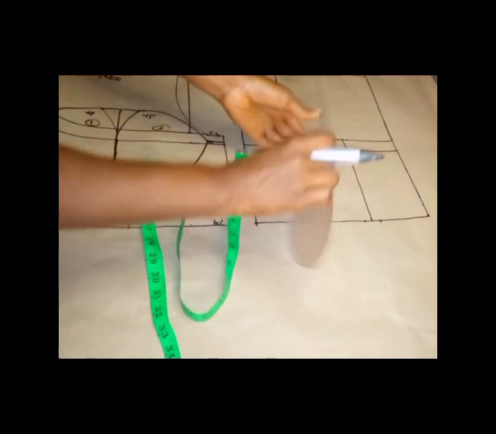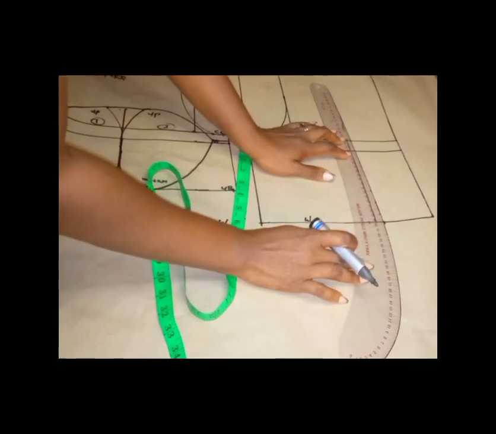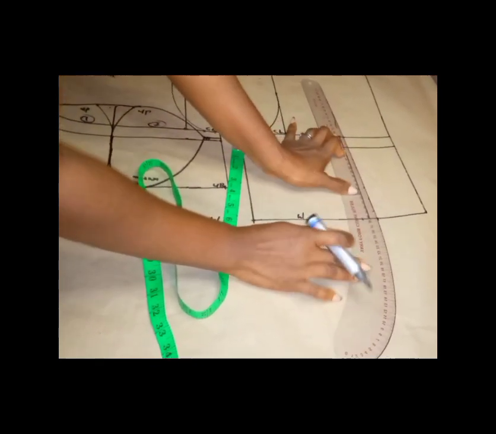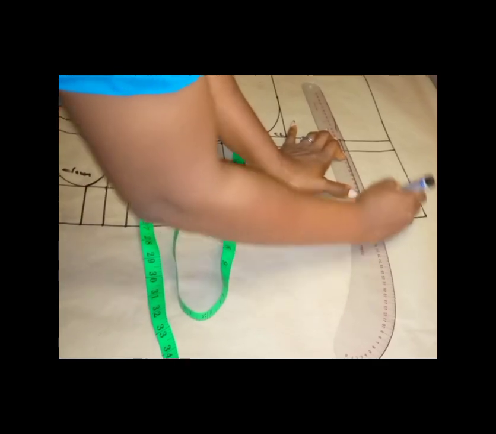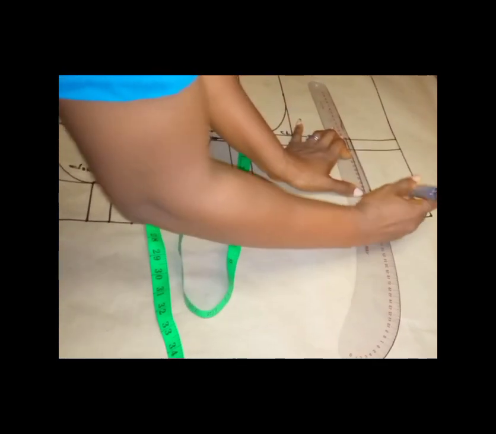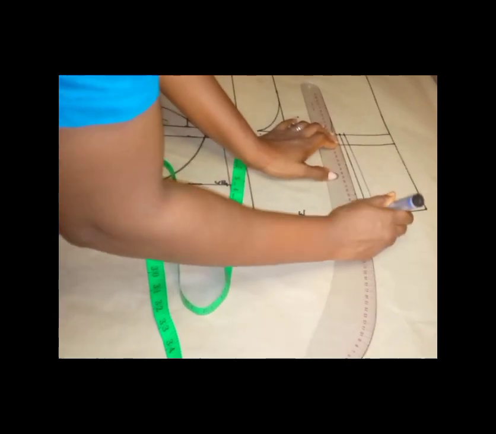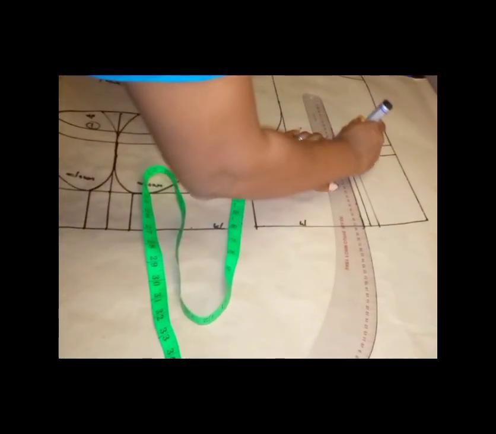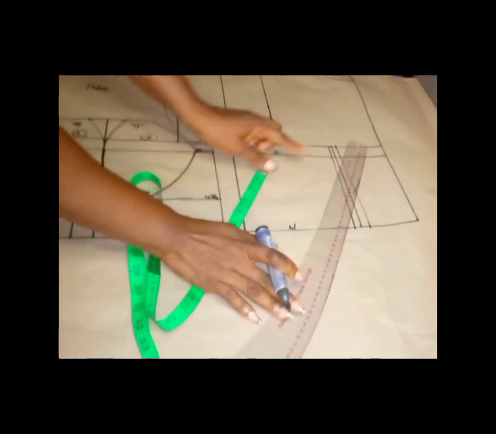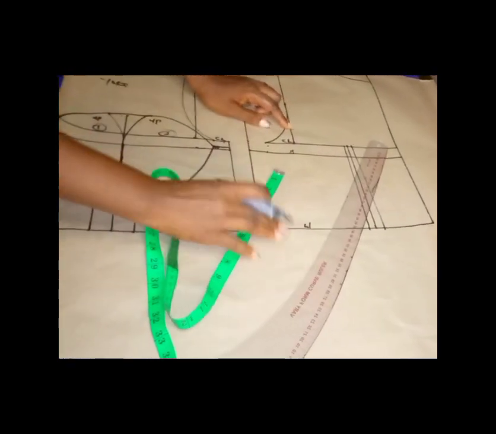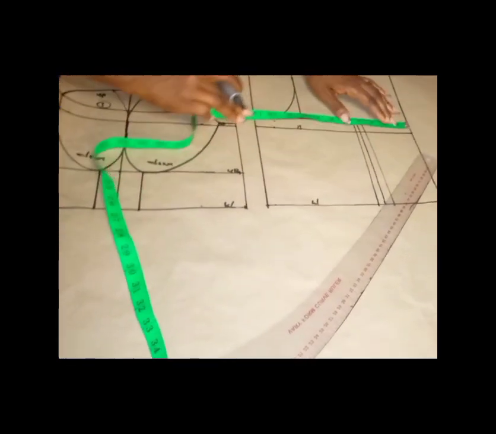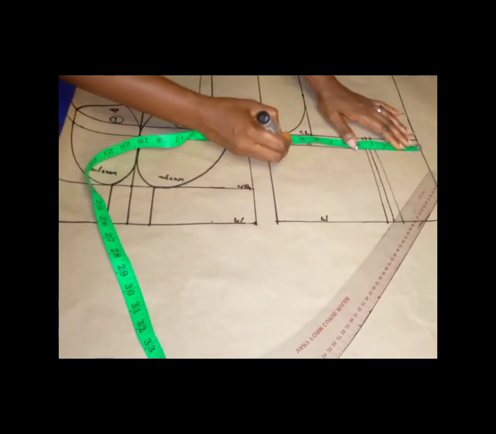So at the waist area I just inputted 0.5 on both sides. Then at the chest line I inputted 0.25, 0.25 intake. I'm just connecting using a straight rule, as you can see me do.